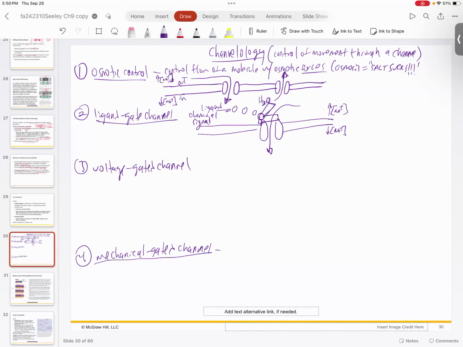So in this case, basically you use the physical distortion of a protein to actually physically open your gate. So here's a good example. I'm just going to draw the pictures right now, because pictures are more instructive right now than me writing a bunch of words that you guys can't even read anyway. So here is your gate.